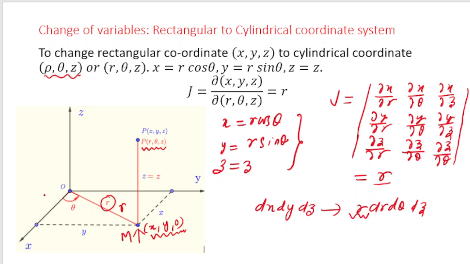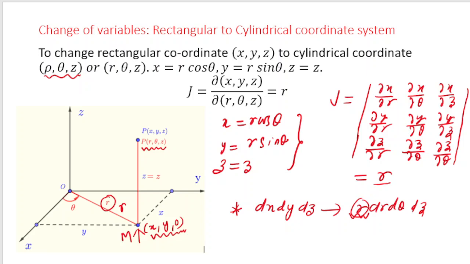I think we have talked about change of variable in the previous video, and there I told you that when you change the variables into a new set of variables, you multiply by the Jacobian of transformation. So the original set of variables are x, y, z, the new set of variables are r, theta and z, so you are multiplying by the Jacobian of transformation, that is r. Okay. So you need to remember this. Sometimes they directly ask the question. I may take a problem or two.